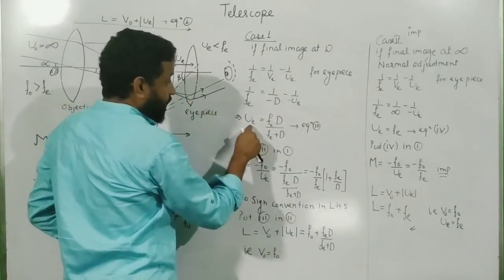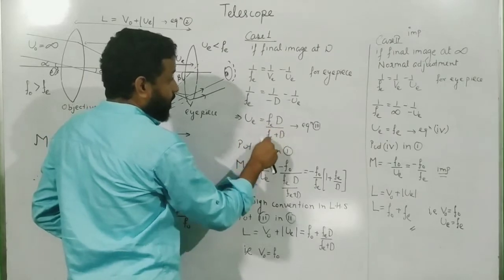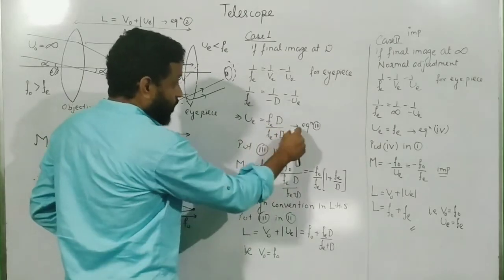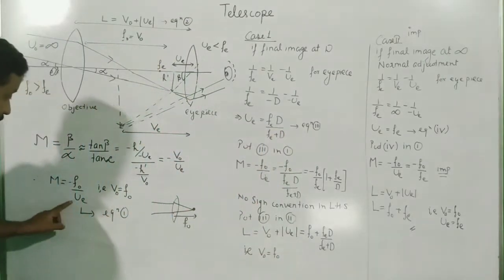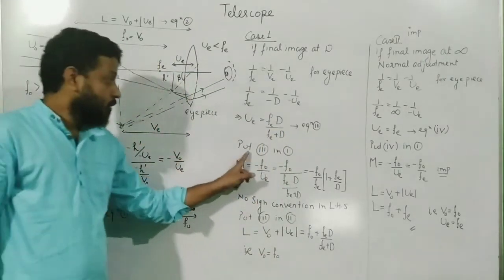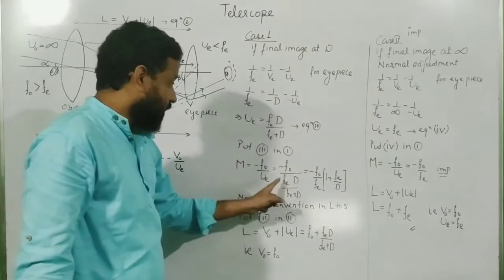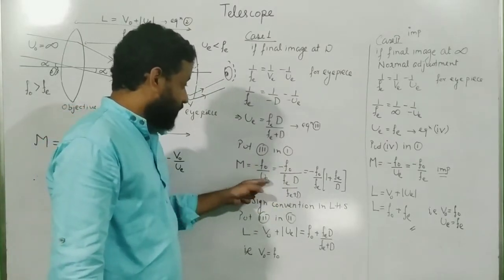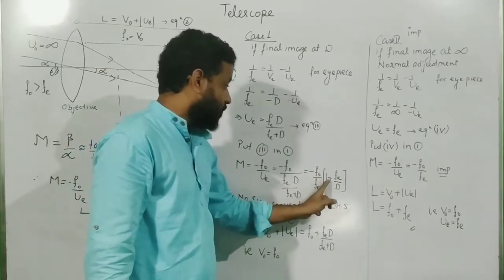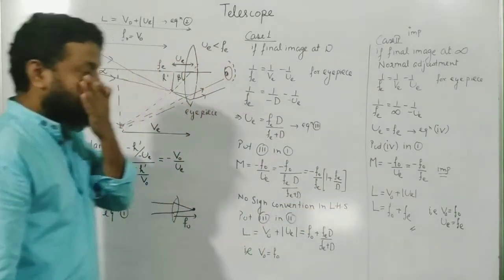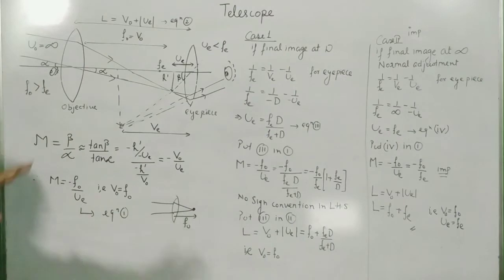After simplification, UE becomes FE D by FE plus D. This is equation 3, and now you have to put it in equation 1. After simplification we get F0 by FE times 1 plus FE by D. As I have told you earlier, there is no sign convention on the left hand side.